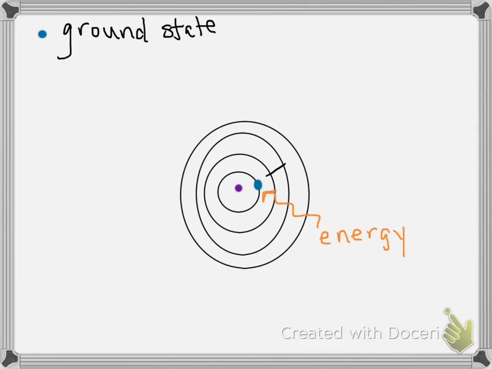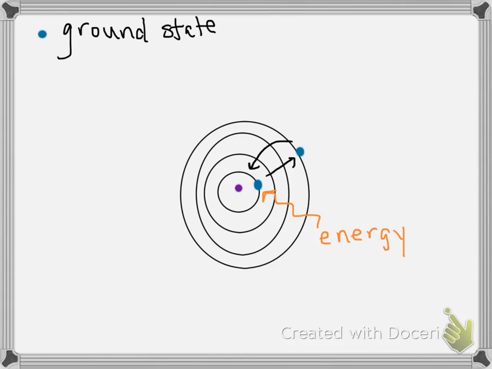When it jumps up that certain number of energy levels, the electron is then said to be at excited state. So the electron is first at ground state, it is hit with energy, and then it moves up to excited state. Now, electrons are not stable at excited state.